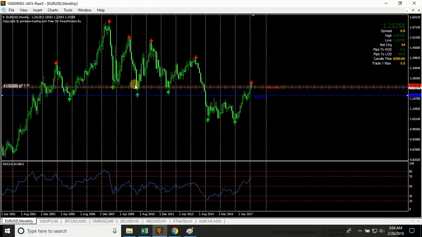These are what I'm considering highs or lows. If it reversed to the downside, it's considered a high. If it reversed to the upside, it's considered a low.